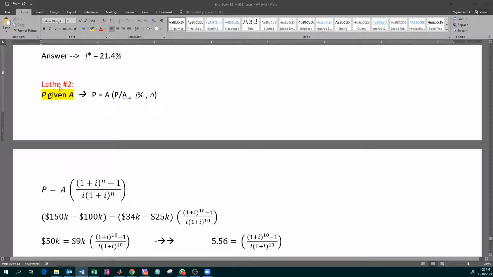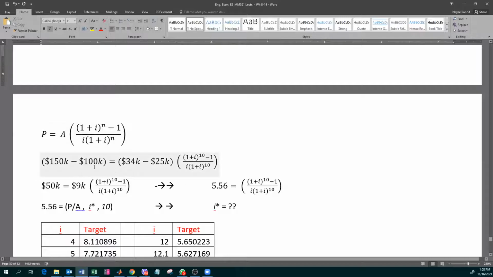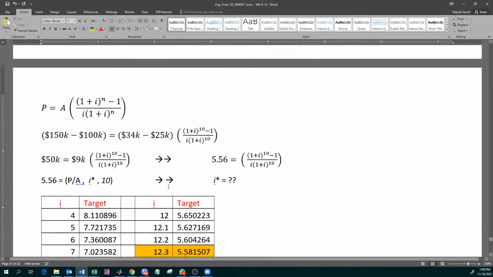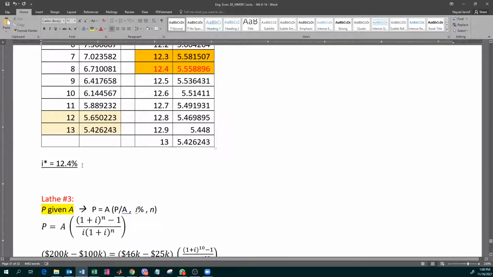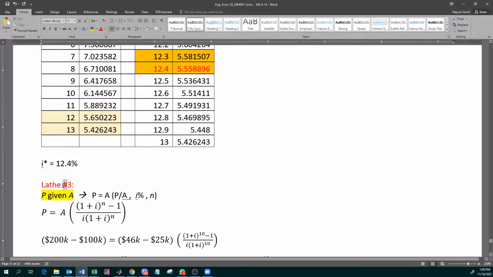We then looked at lathe number 2, and we compared it against lathe number 1. Can you see how we did a subtraction here? We found that our value comes out to be 12.4%.